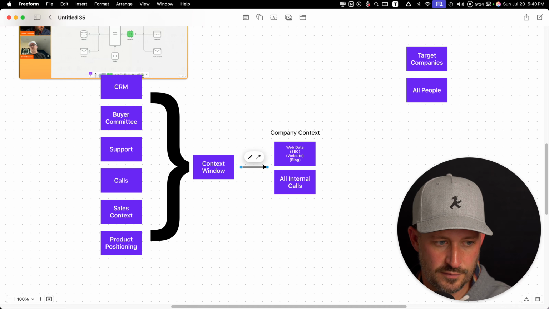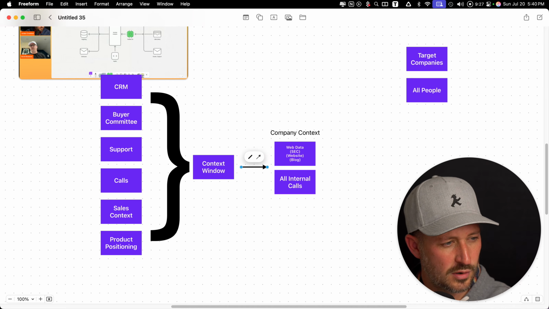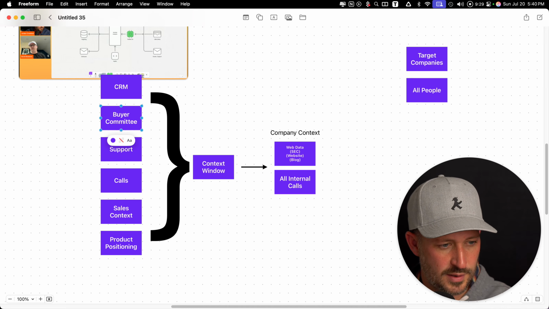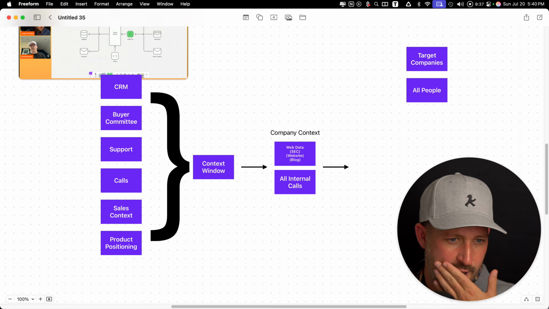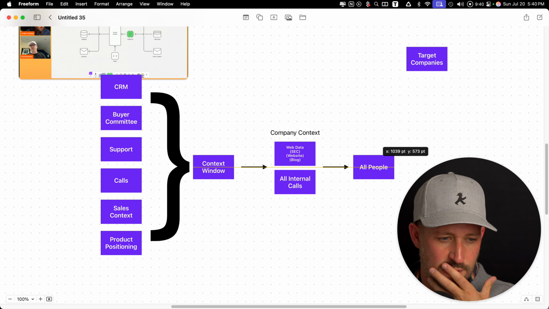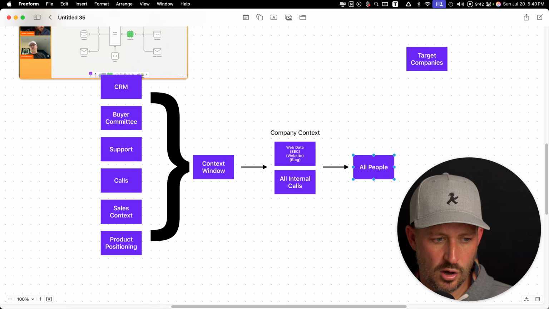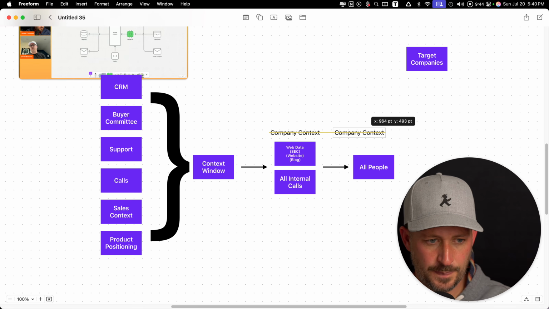Then sort of all internal calls. It has the buyer committee here. I think this is where you want to load in all people at that company.